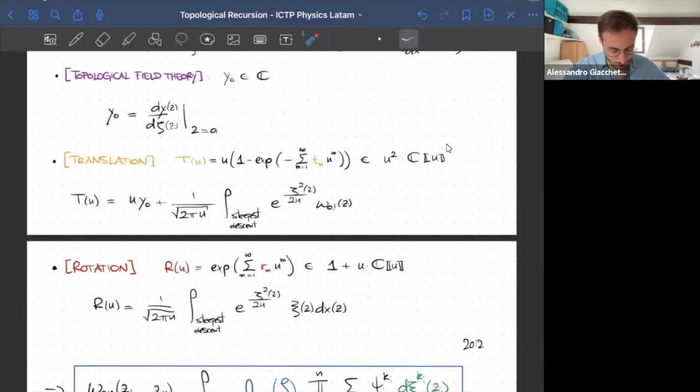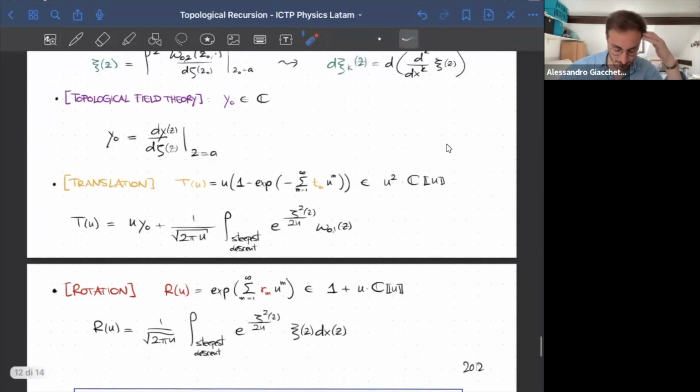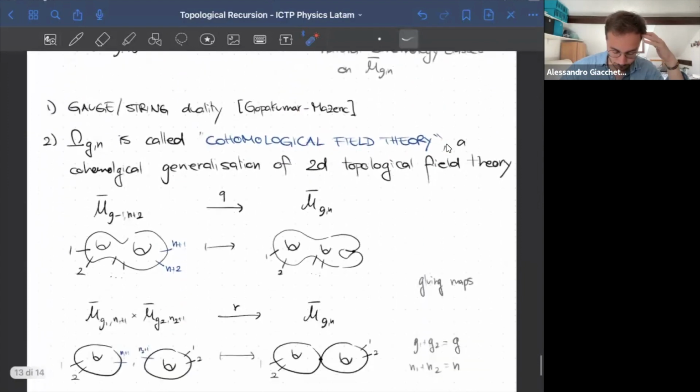So this gives a bit of motivation for the name translations, because you have something with values in vectors, and rotation because you have something with values in the space of matrices. And this rotation and translation actually behave together as rotations and translations on the plane. So this gives them their name.